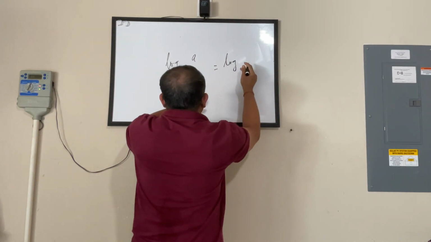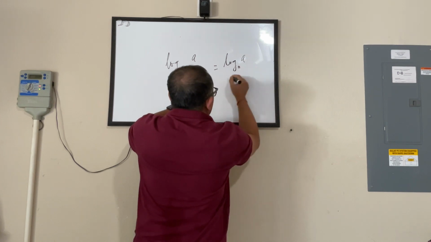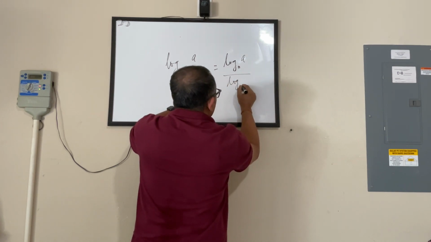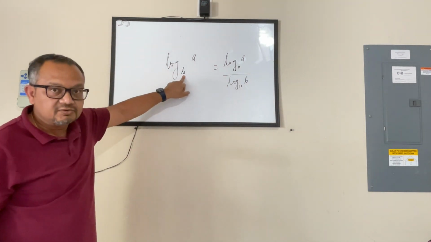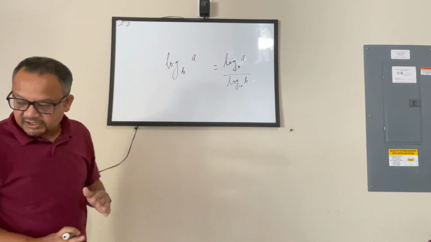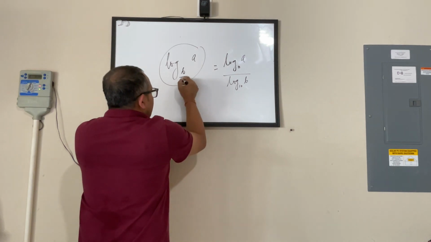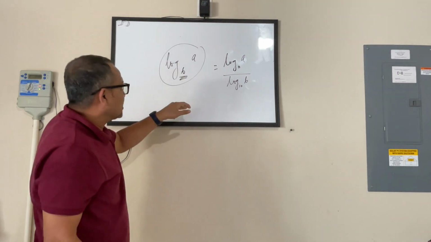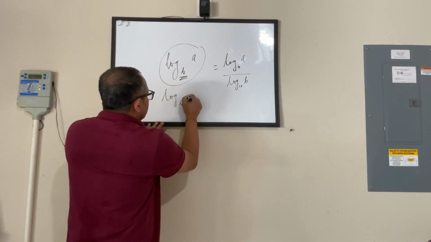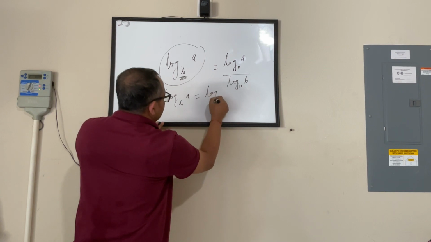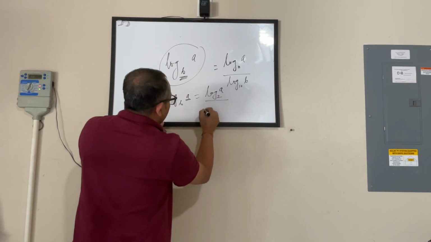I can write this as log 10 base A by log 10 base B. If I have a log with a different base and I want to convert this into, let's say, log base 2, I can always do this. I can convert this into a base of 2, where this will be my numerator and this will be the denominator.